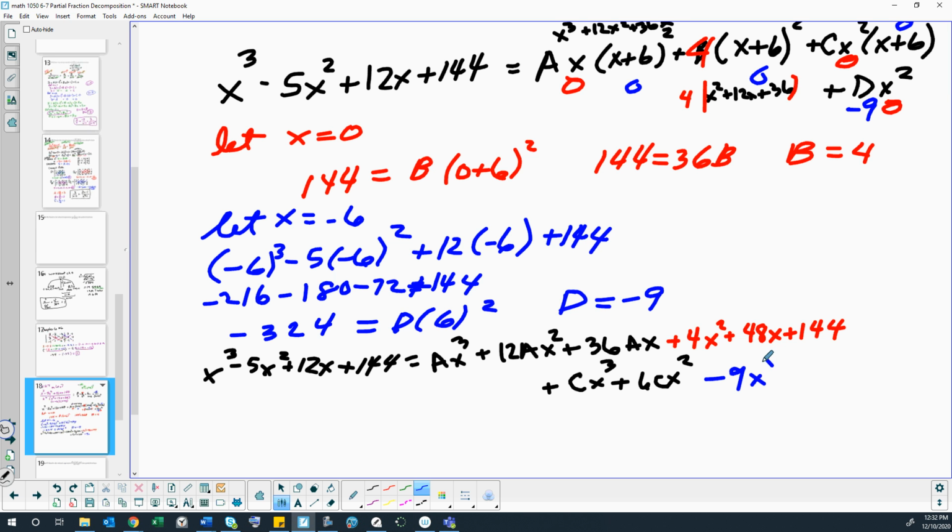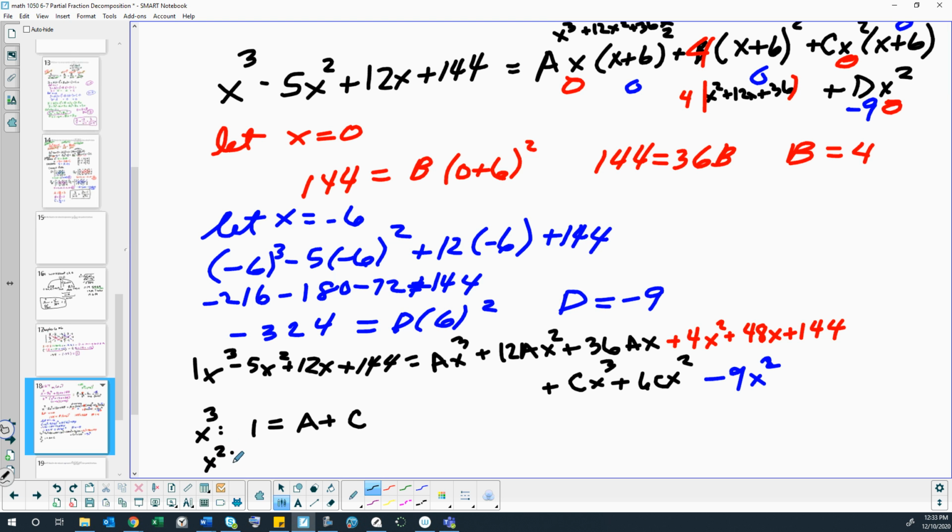Okay, now we're going to gather up our terms. So x cubed: this side we only have a 1x cubed, and on this side we have a plus c. Is that everything?